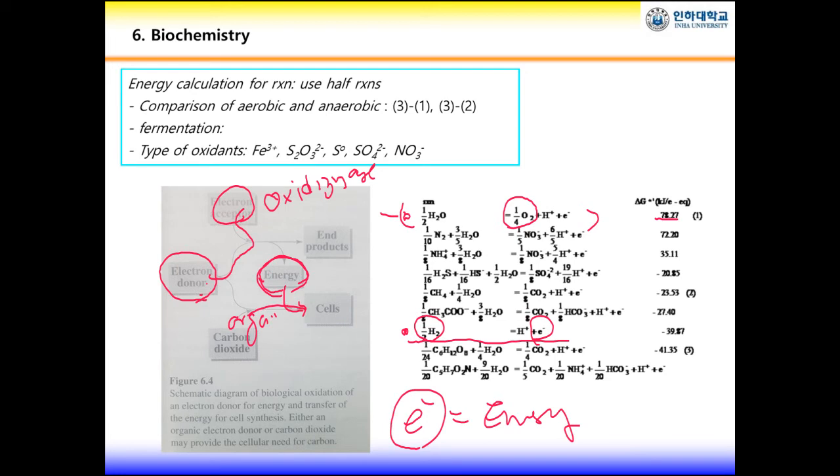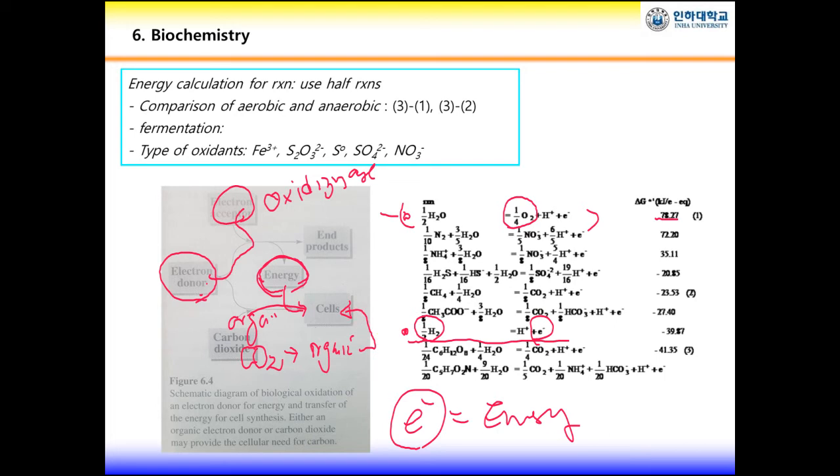Or if organic material is not available, then they can reduce carbon dioxide to organics, make the building blocks, and finally convert these building blocks into a cell.